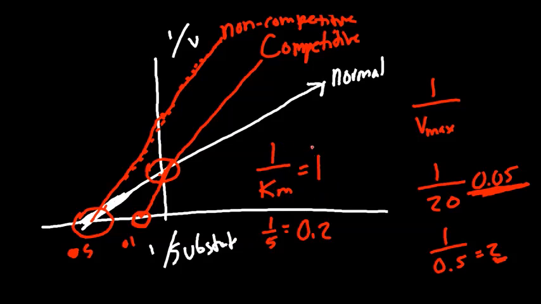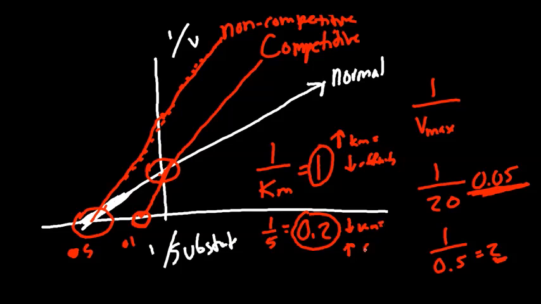Once we take the reciprocal of it, 1 is greater than 0.2. A high Km is a low affinity. A low Km, so 0.2 is smaller than 1, so a low Km is going to be a high affinity. That is an important concept. Remember I said you needed to commit it to memory? You need to commit it to memory, because we'll see it over and over and over.